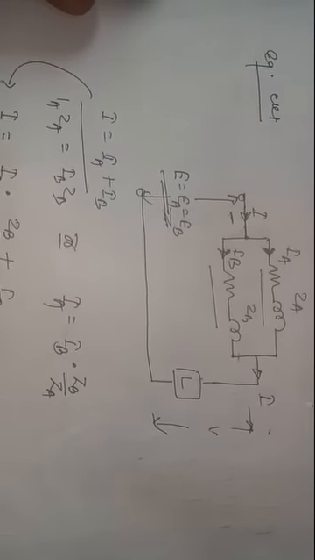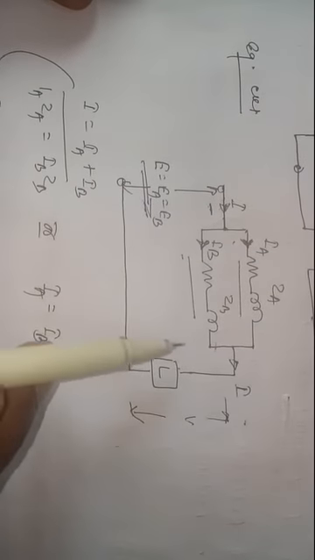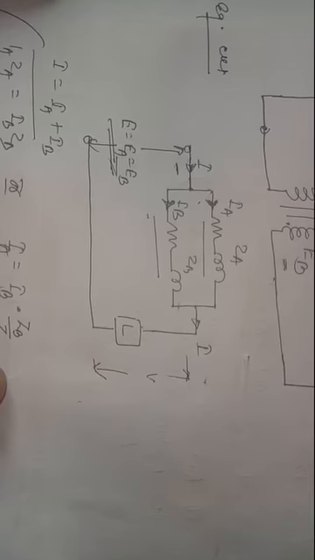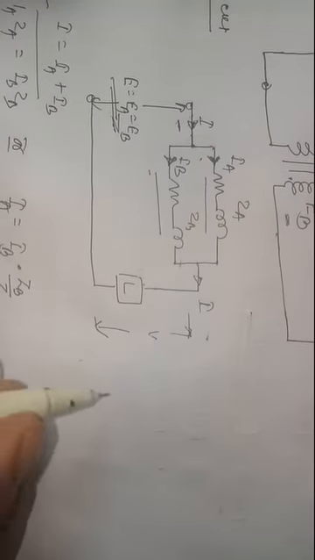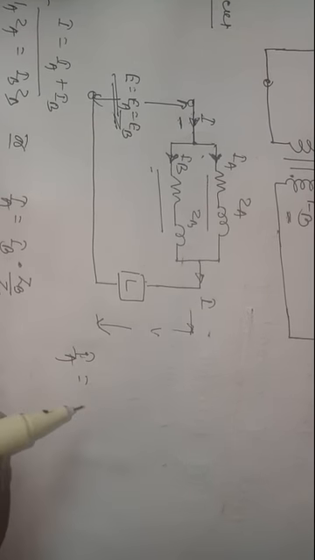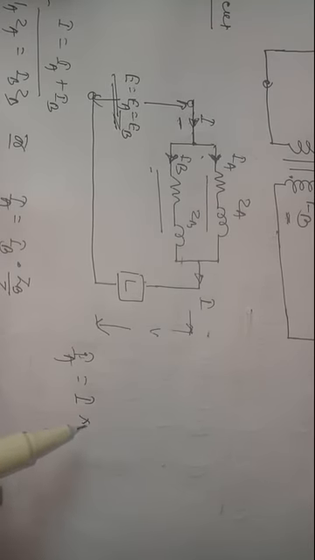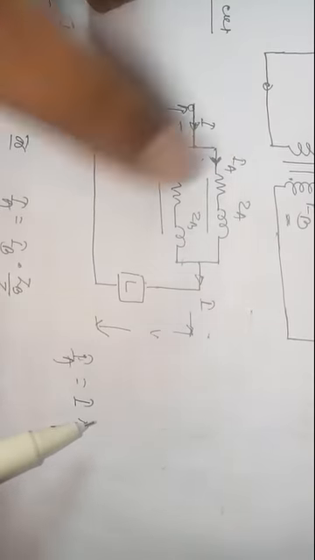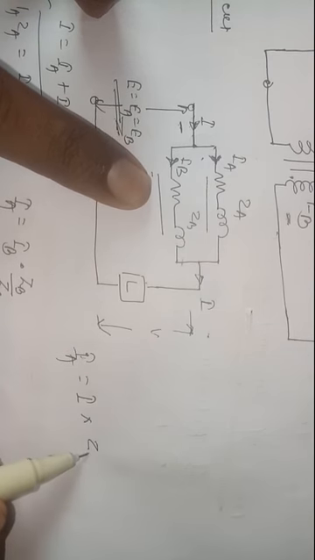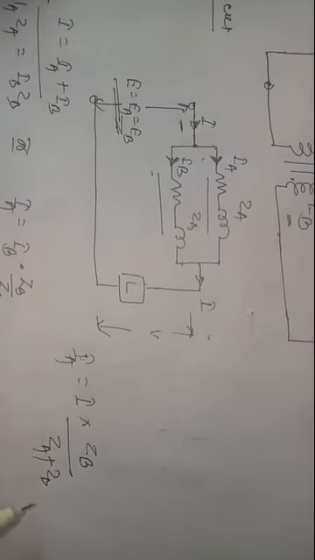So how to calculate IA and IB? This can be calculated by using the current division formula. Have you already gone through that portion? The current IA will be the total current I into the opposite impedance, ZB, divided by the sum of these two impedances, ZA plus ZB.